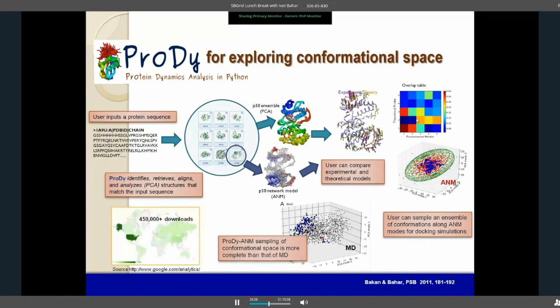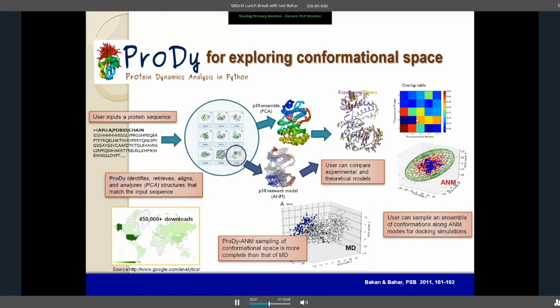And what is interesting, I would like to emphasize, the ensemble of conformers that we generate by ANM, the anisotropic network model, actually provide a better description of the space of conformations observed in experiments than those sampled during MD simulations.